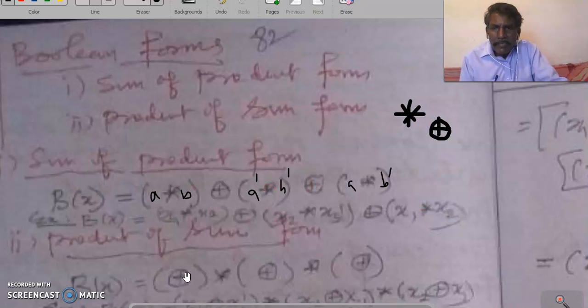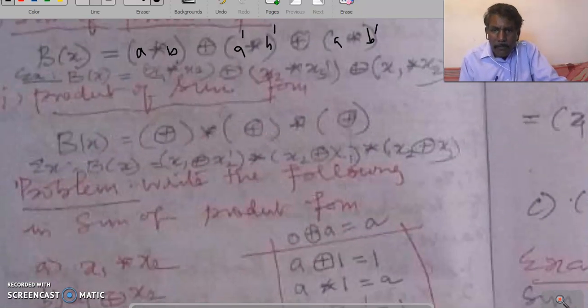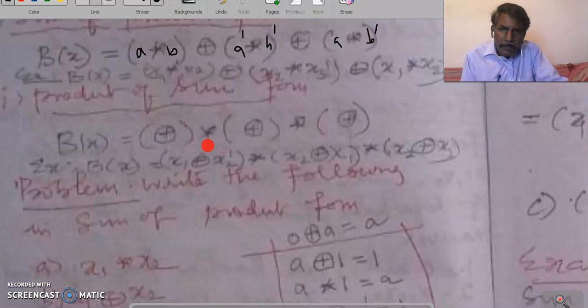Now what is the product of sum form? Product of sum form goes like this. As I told you, it is a product of sums, that means meet of join. A good example is given here. Look at this.